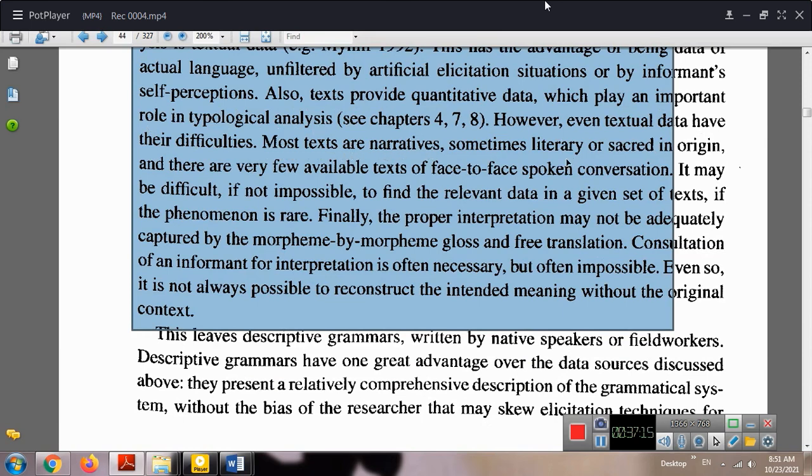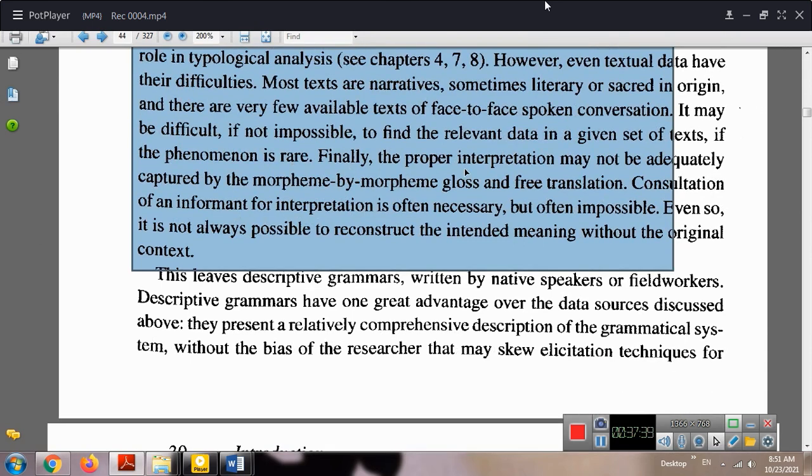Most texts are narratives, sometimes literary or sacred in origin, and there are very few available texts of face-to-face spoken conversation. It may be difficult, if not impossible, to find the relevant data in a given set of texts if the phenomenon is rare.